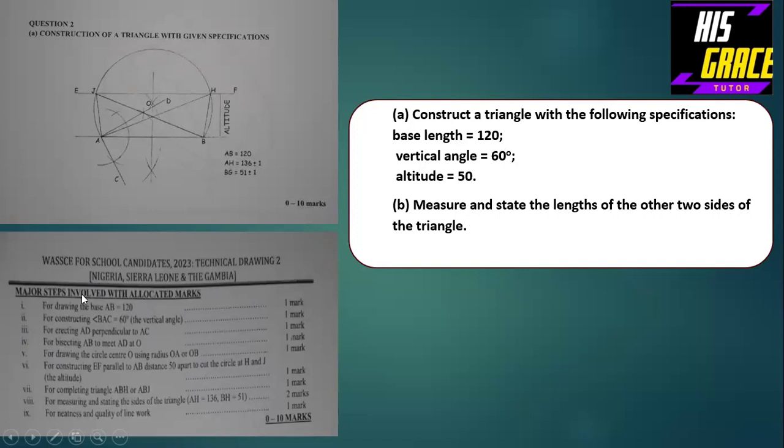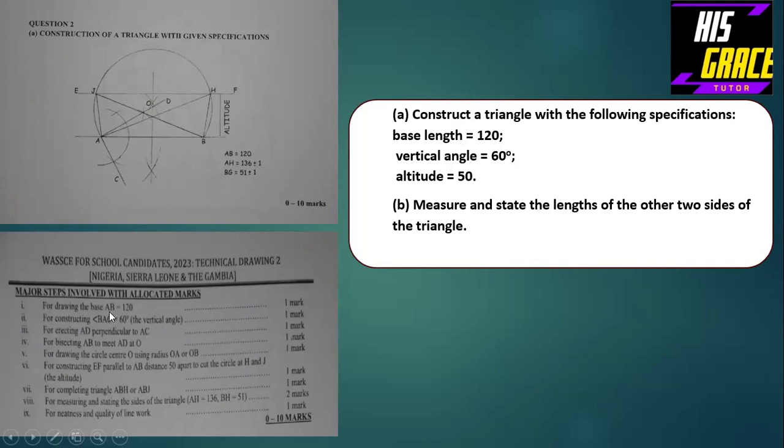Then coming here, we have the marking, and then we have the marks awarded to each part. Step one says that for drawing the base AB 120 millimeters, one mark is awarded. This is base AB, 120.